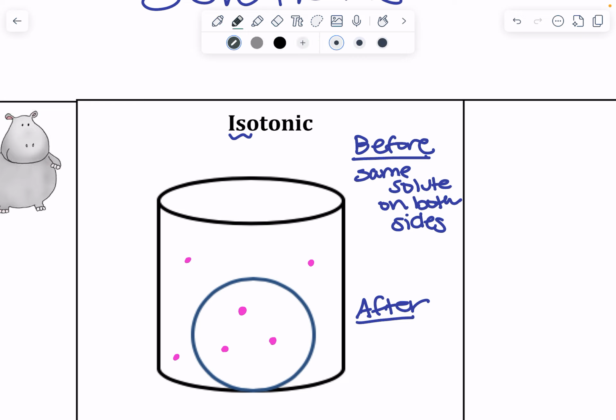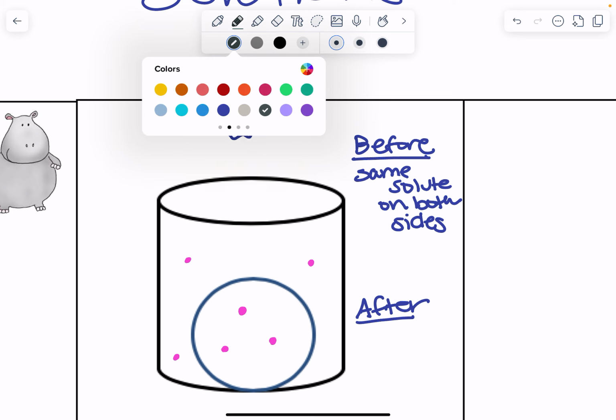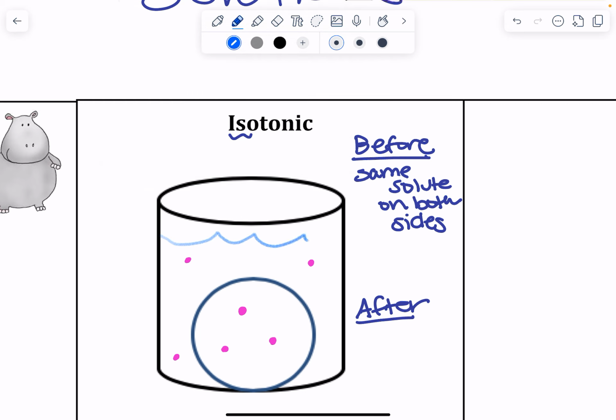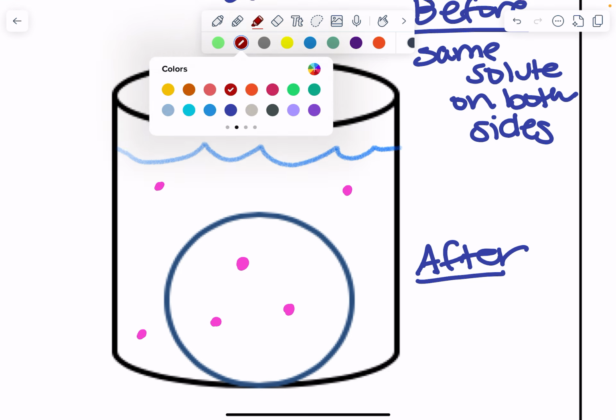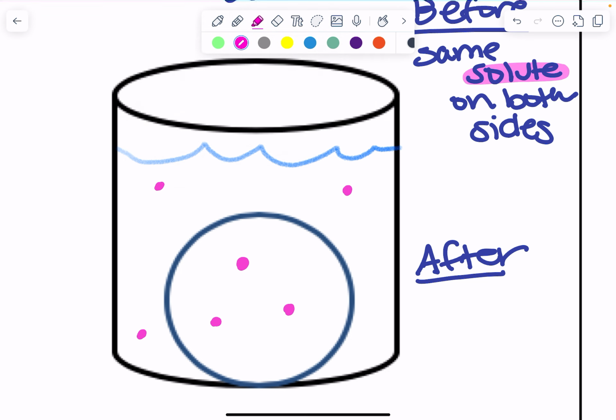Let's put the solute on the outside in some water, some solvent, we call it. So we have this cell, it's got 3 particles of solute. And our outside has some solvent, some water, and we've got 3 particles of solute as well.